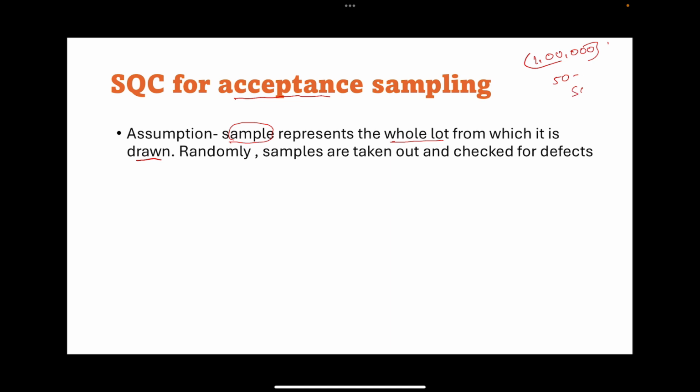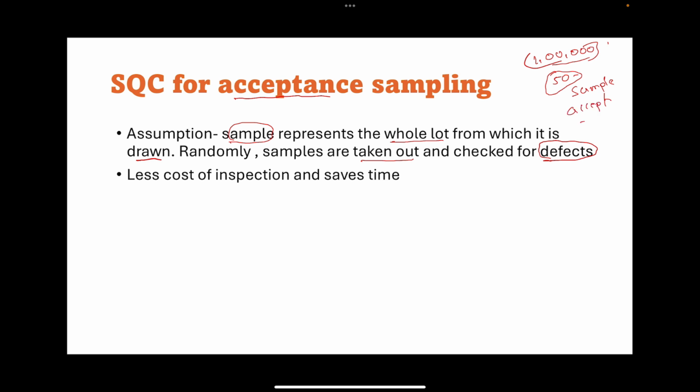That is called a sample. Randomly, samples are taken out and checked for defects. We are not checking all the 1 lakh products, only these 50. If these 50 products are within our tolerance limits, then we will accept. Otherwise, we will reject the whole 1 lakh products.